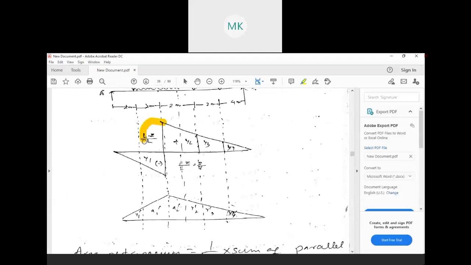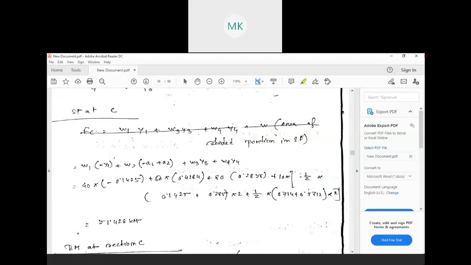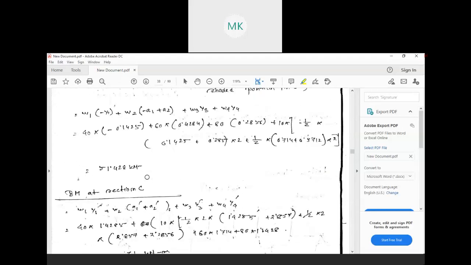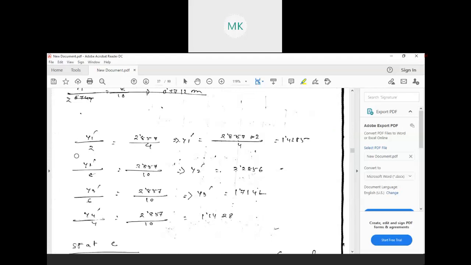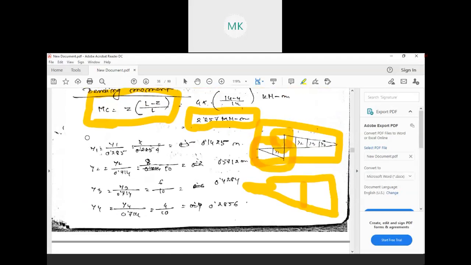This is our (L minus Z) by L, and this is minus Z by L. We know these two values. Now we need to find y1, y2, y3, and y4. Simply, we can find y1 by this minus Z by L by the length. So using this, you can easily find y1. Similarly, you have to find y2, y3, and y4.